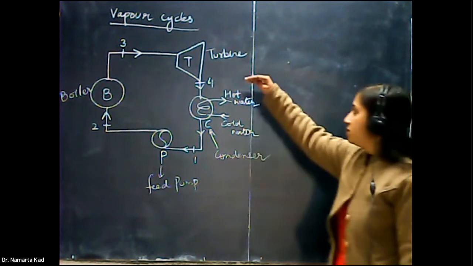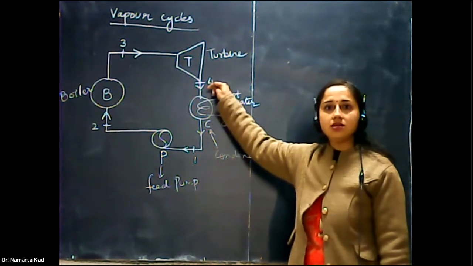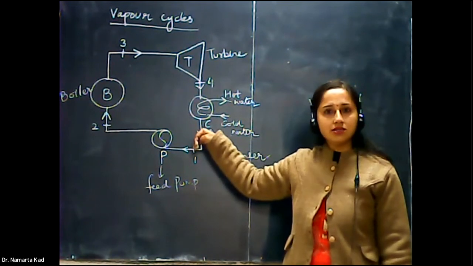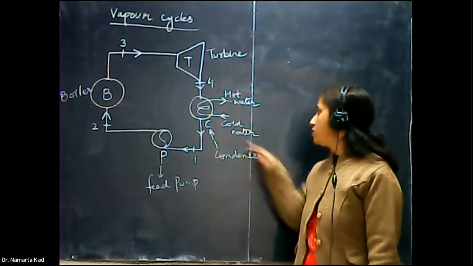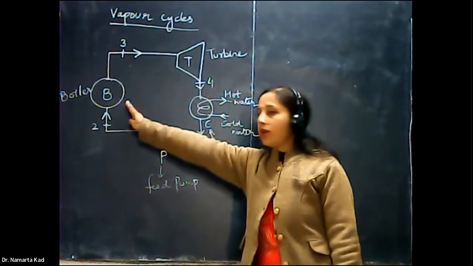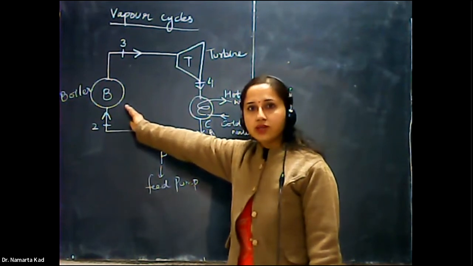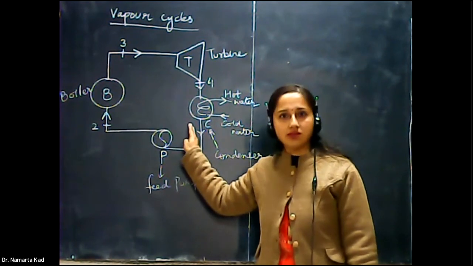The high temperature heat of the steam is rejected here in the condenser stage, and that heat is rejected to the cold water. Okay, so in the boiler stage, heat is absorbed, whereas in the condenser stage, heat is rejected.